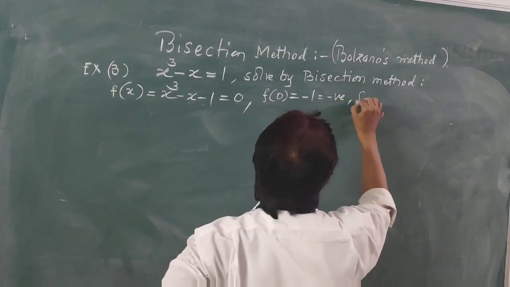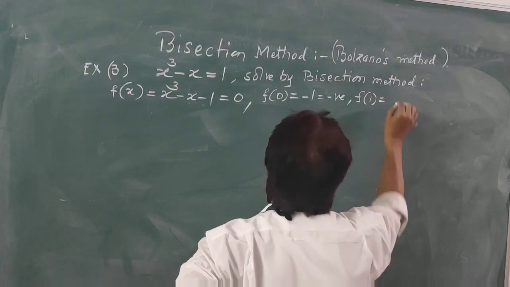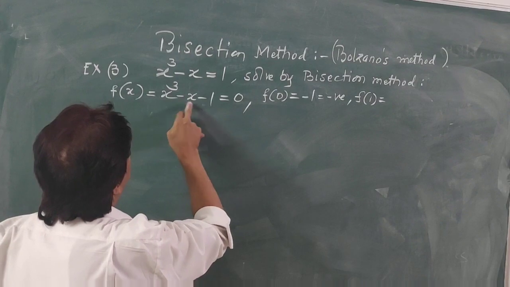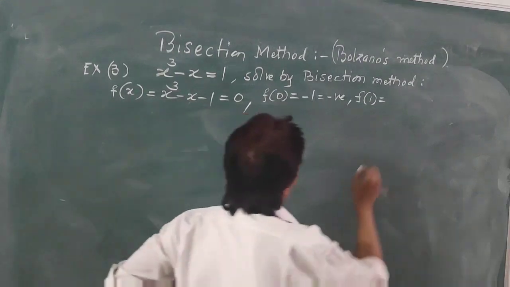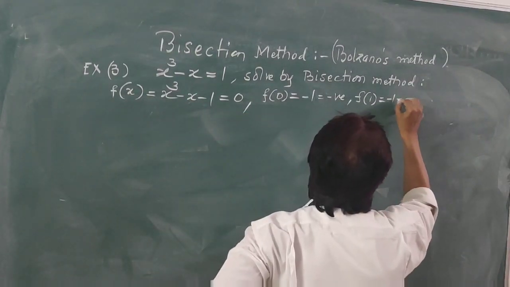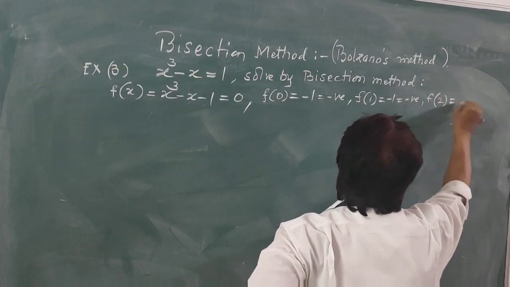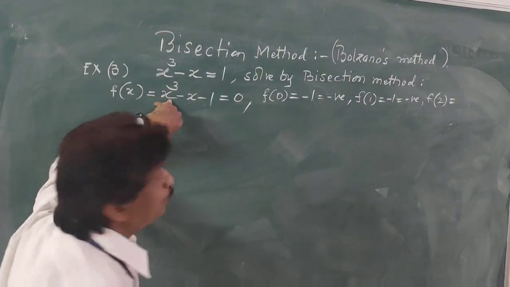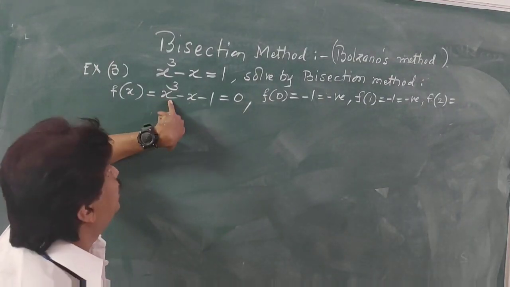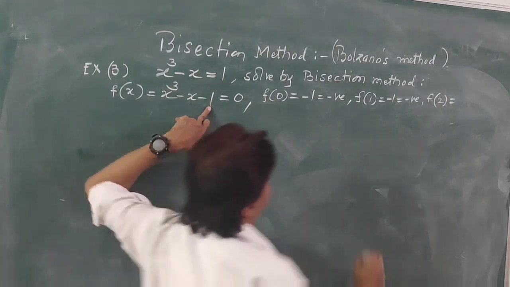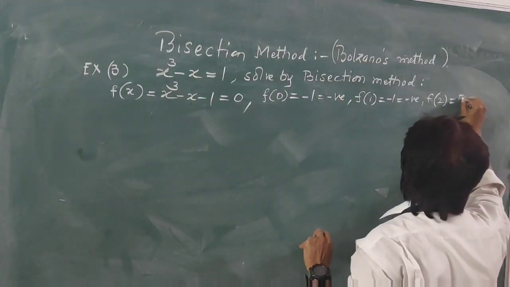What is f of 1? 1 cube minus 1, 1 minus 1 is 0, minus 1, again negative. What is f of 2? 2 cube is 8, minus 2 is 6, minus 1 is 5. This is positive.